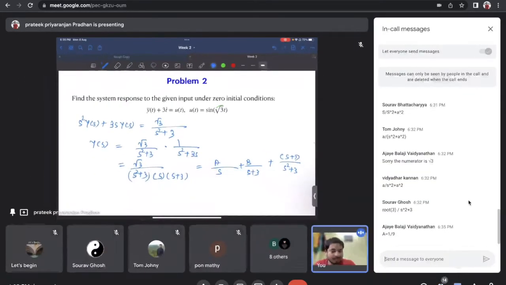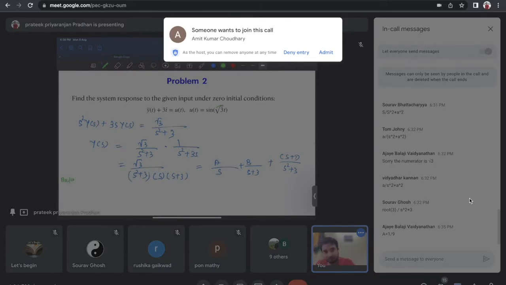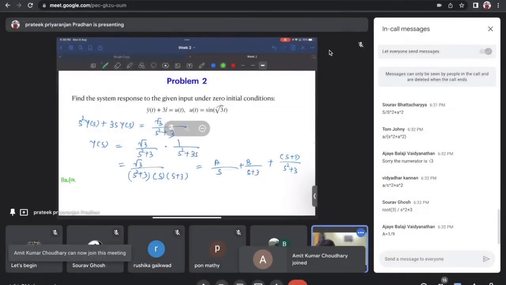Okay, I get an answer from Balaji. So Balaji says A is equal to 1 by 9.